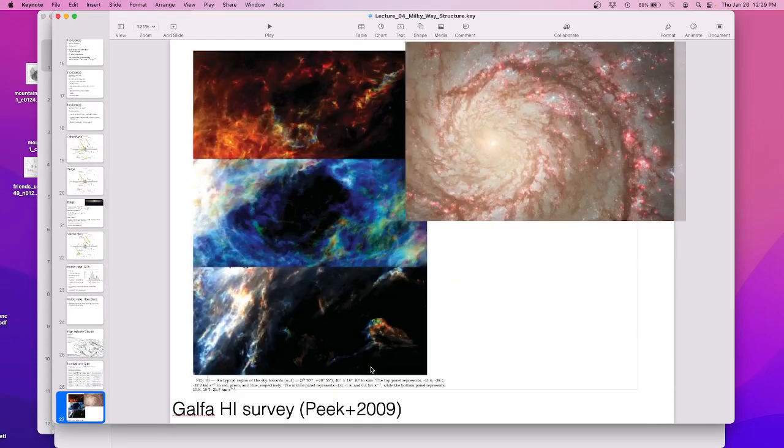I'm not going to say a ton about the ISM because I don't actually need it for most of what we're going to talk about, but I like the ISM personally, so we'll talk about it some. These are two pictures where this TV doesn't do a good job. You should download the slides and look at them. This is H alpha in various regions of the galaxy from the GALFA-HI survey, where they measured neutral hydrogen throughout the whole galaxy.